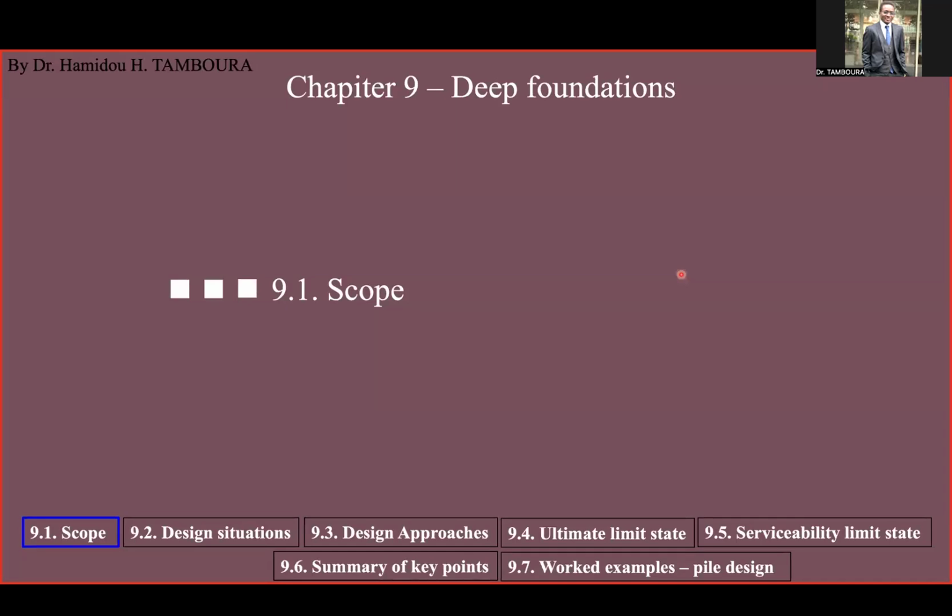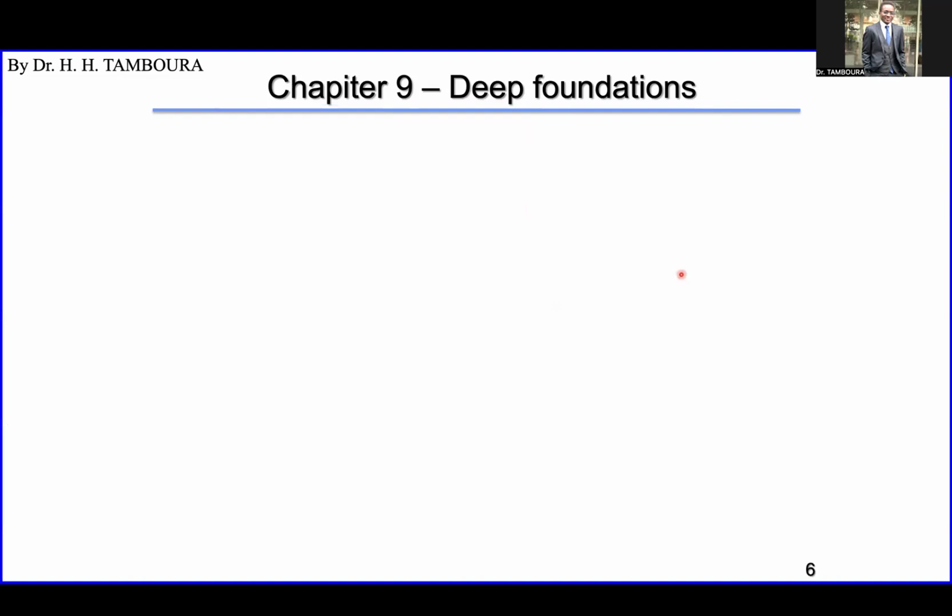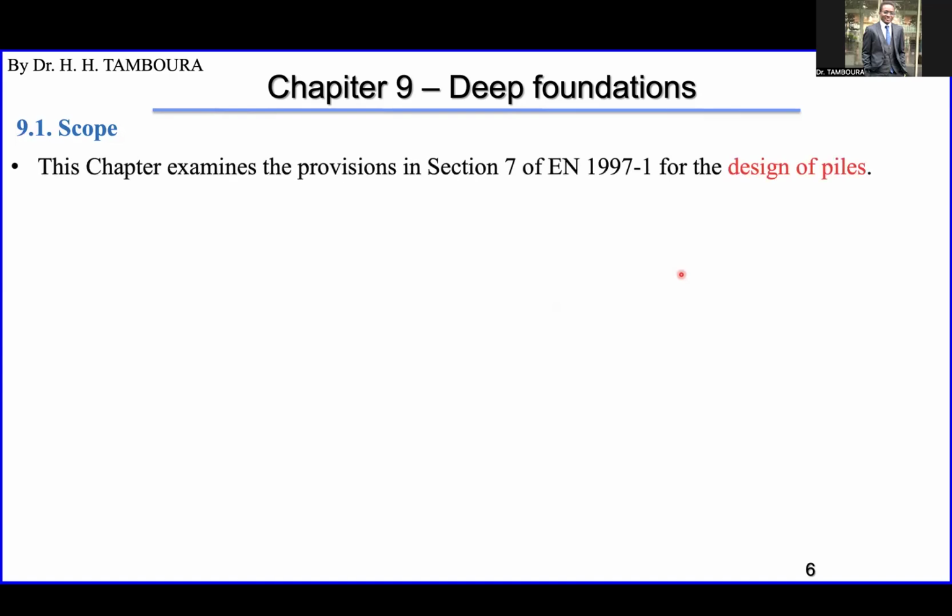So what is pile and what is pile foundation? I think if you are watching this, you probably know that. This chapter is focusing on section 7 of Eurocode 7, which is about design of pile foundation.